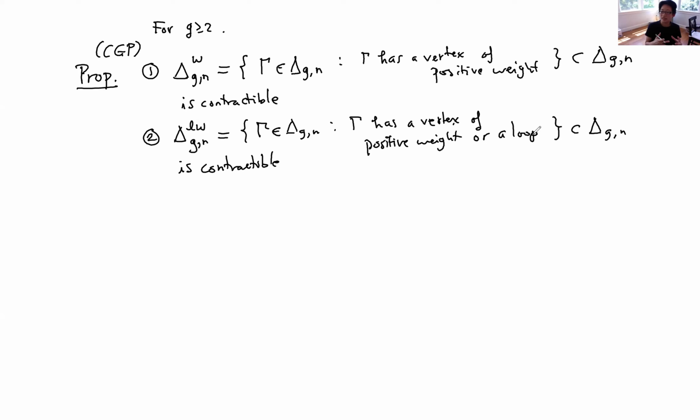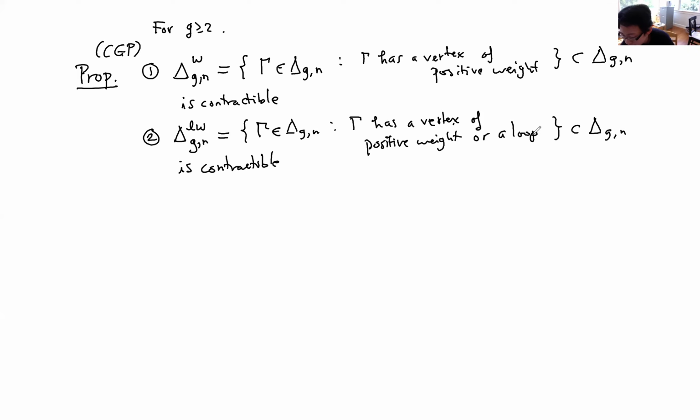And these subcomplexes are acyclic. They have no homology. But actually a stronger thing is true, which is that the moduli space, a subcomplex of delta Gn, is in fact a contractible topological space. Great.